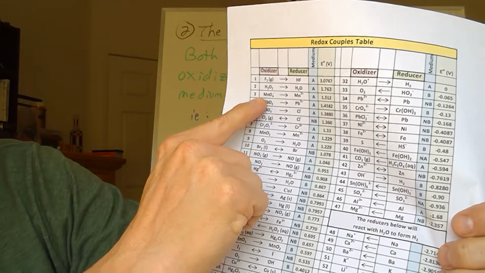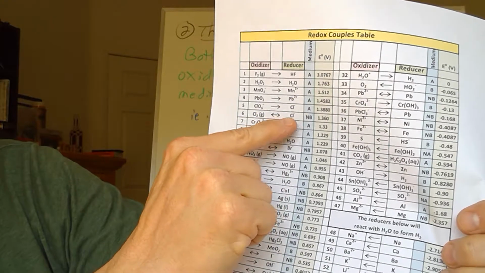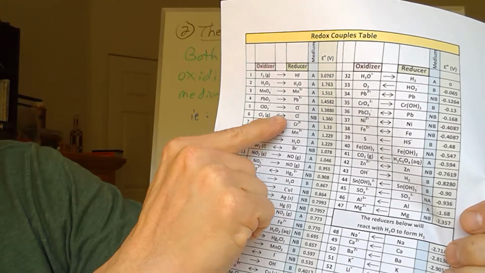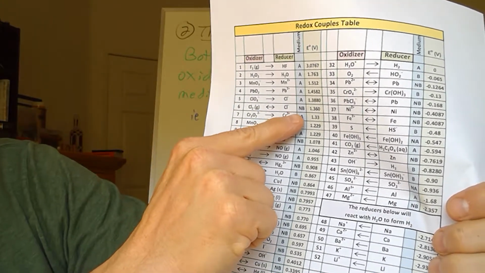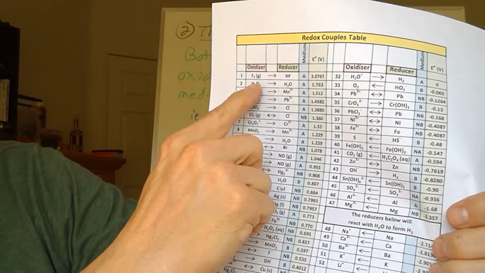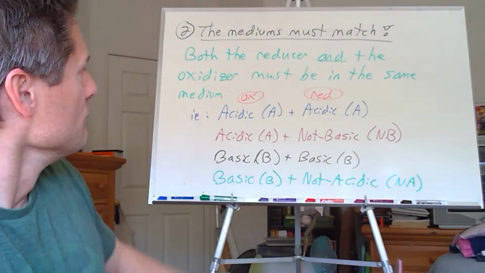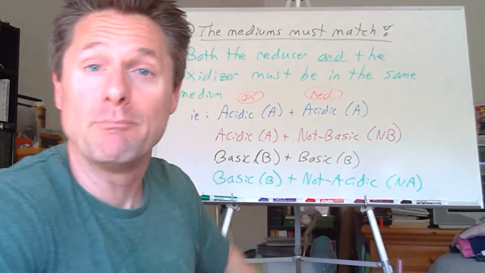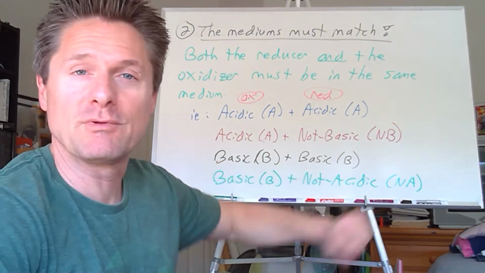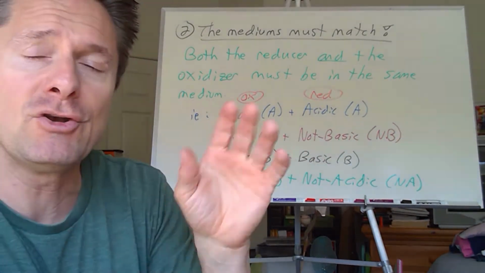So those would match. MnO4- forming Mn2+ in acidic solution matches with the chloride ion going to the chlorine gas with non-basic, which could mean acidic, okay? So the combinations, you look at the two and go, well, acidic matches with acidic, acidic matches with non-basic, basic matches with basic, B with B, and basic matches with not acidic, okay?